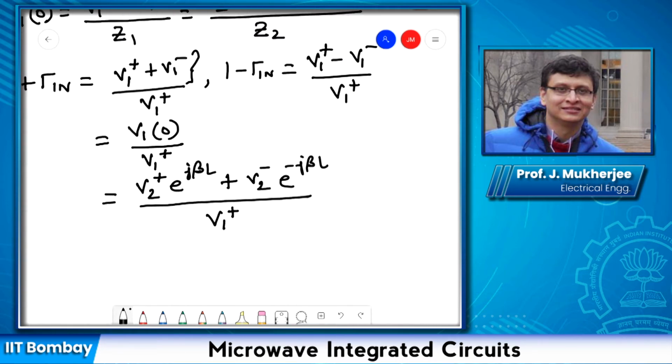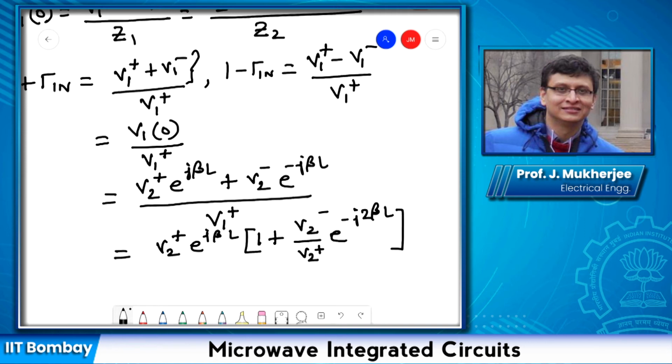Now this can be simplified as V2 plus e raised to j beta L times 1 plus V2 minus upon V2 plus e raised to minus j2 beta L, this whole upon V1 plus.